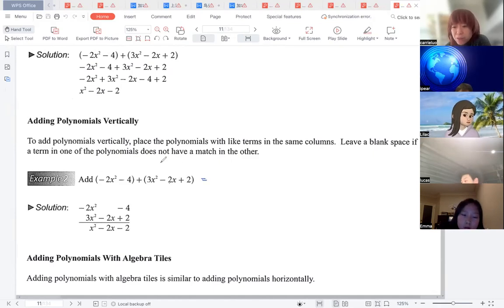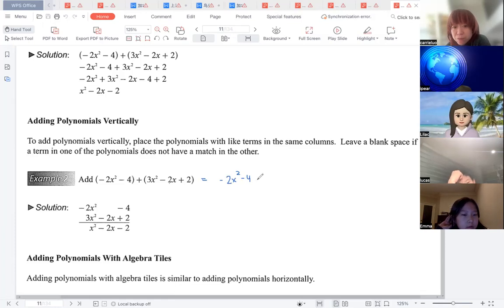So first of all, I want to take away the bracket. So Emma, let me ask you, in front of the bracket, did you see anything? No. If you don't see anything, copy them down. Okay, so for the second bracket, did you see anything in front of the second bracket, Emma? Plus.